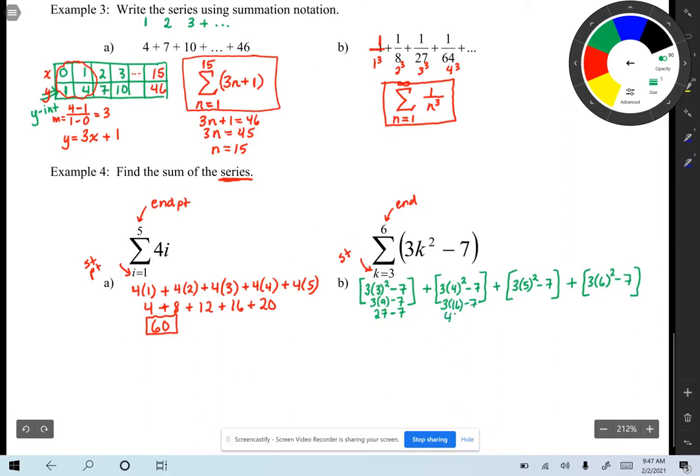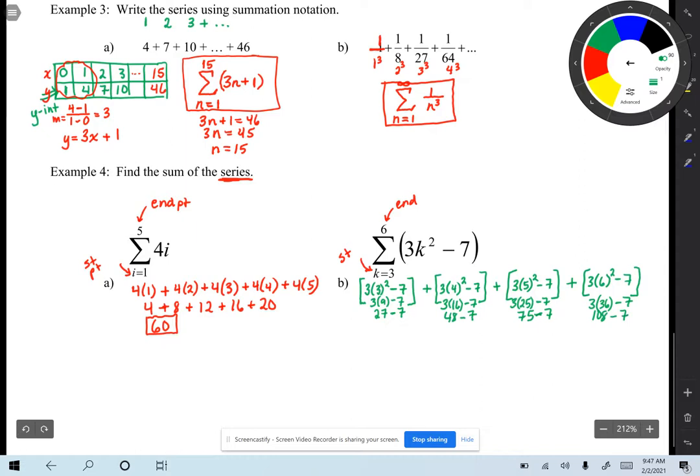That's 48 minus 7. Next one, 3 times 25 minus 7. That's 75 minus 7. And lastly, you have 3 times 36. I would use a calculator. 3 times 36 is 108 minus 7.